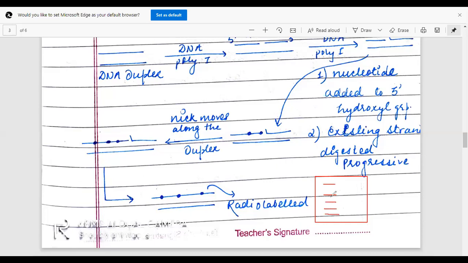Finally we find that this band is hybridized, and we find another hybridized one. So this is showing, say for example, there are various genes, or we can say genomic DNA.